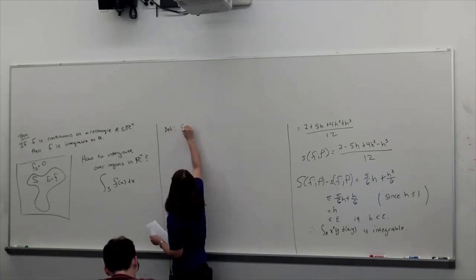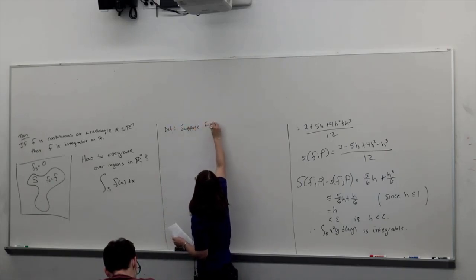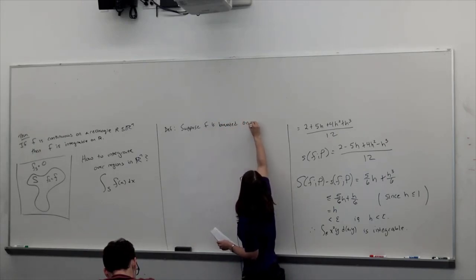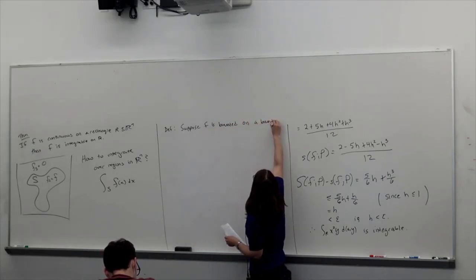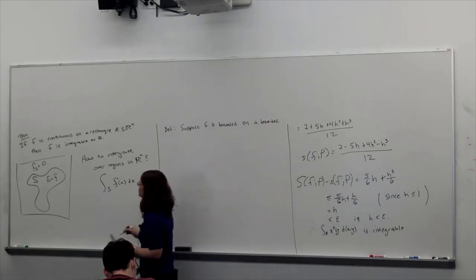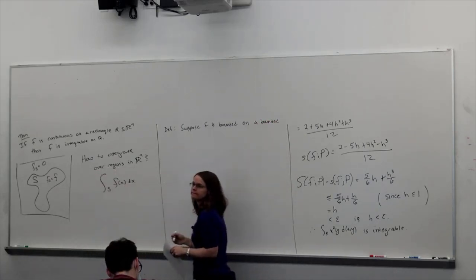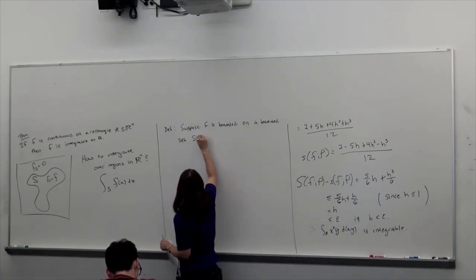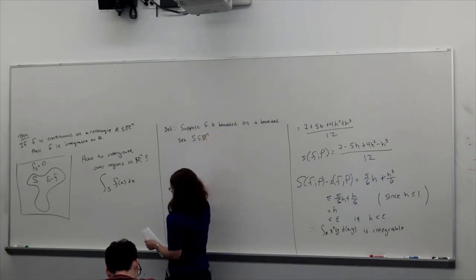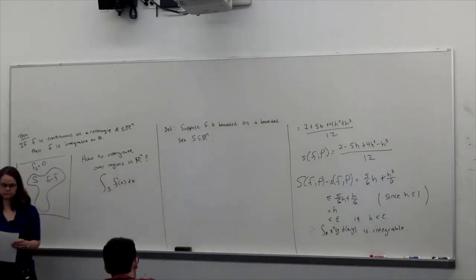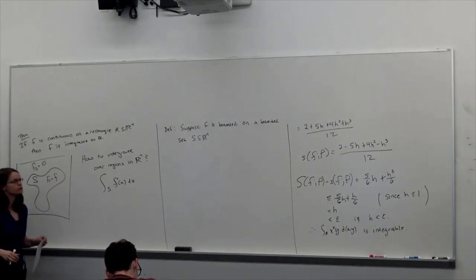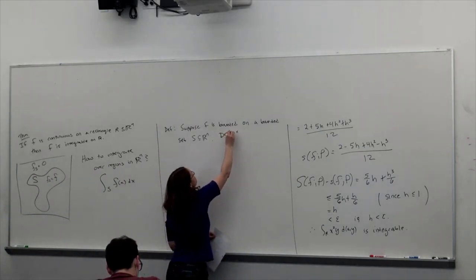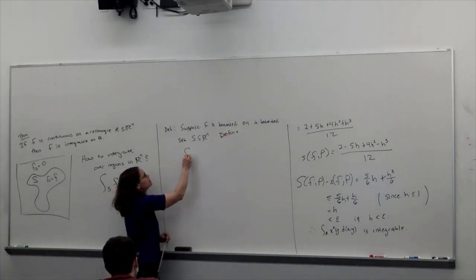All right, so let's suppose that f is a bounded function, and it's defined on a bounded set S. It has to be bounded because otherwise I can't draw a rectangle around it. All right, let's define this new function, exactly the way we drew it there.